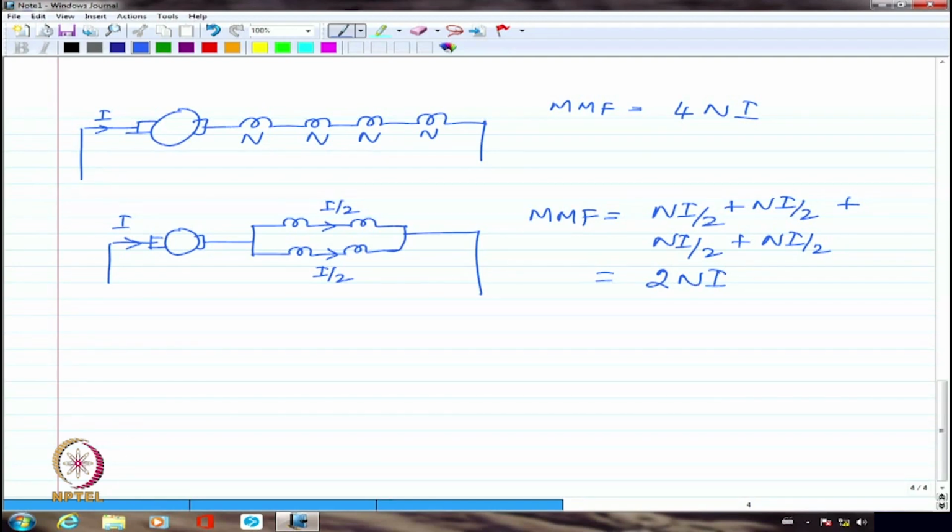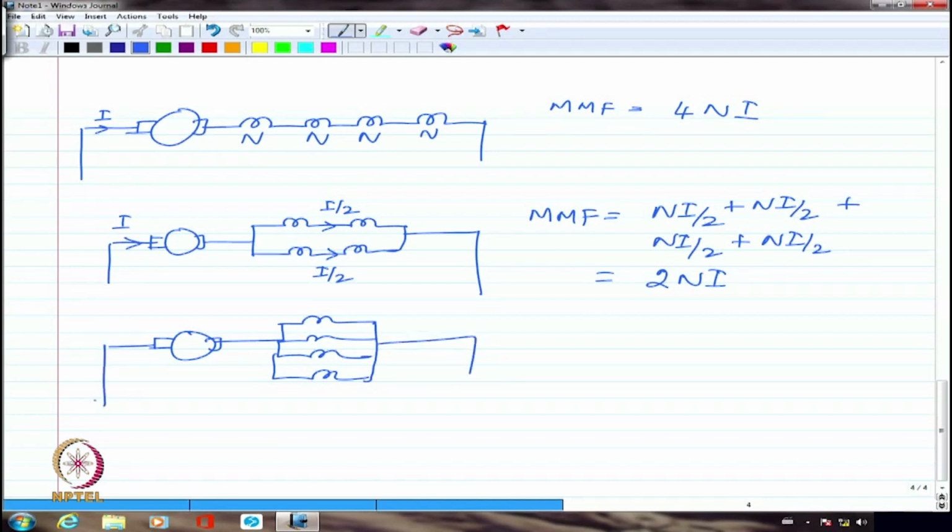And of course, the last type of connection, I can have all 4 of them coming in parallel. I can have 1, 2, 3 and 4, all 4 of them in parallel. So I will have I by 4 in each of these, so I will have NI by 4 multiplied by 4, because there are 4 such coils.